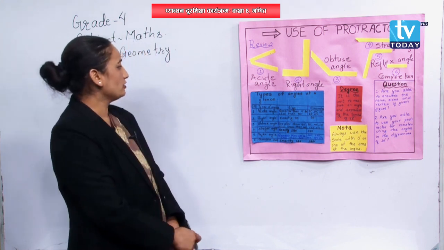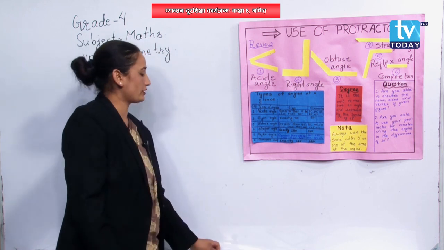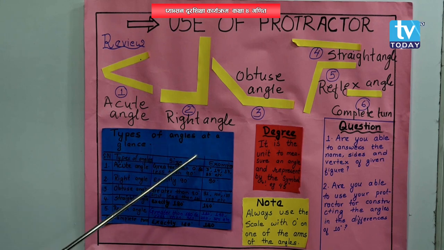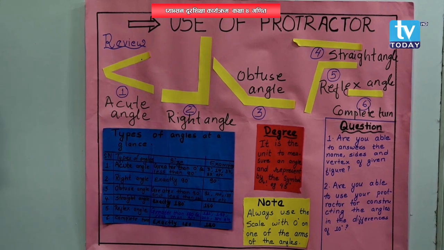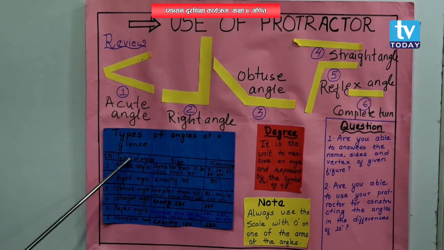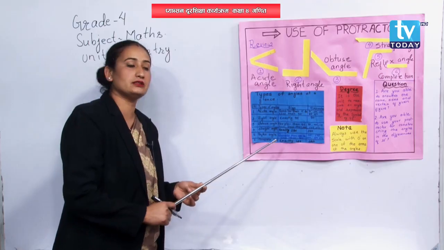After writing the names of the angles, have a look once over here. Here I have written types of angles at a glance. Let's look once again at these angles. The first one is acute angle. Can you give the definition? What is the size of the acute angle?